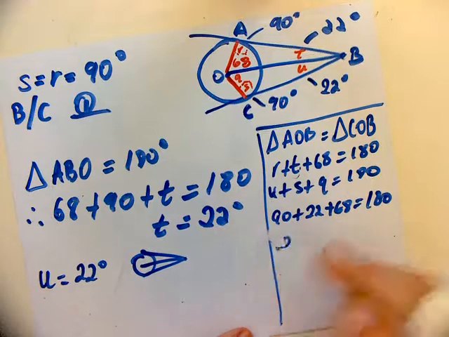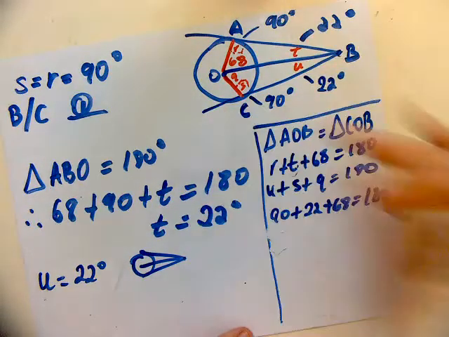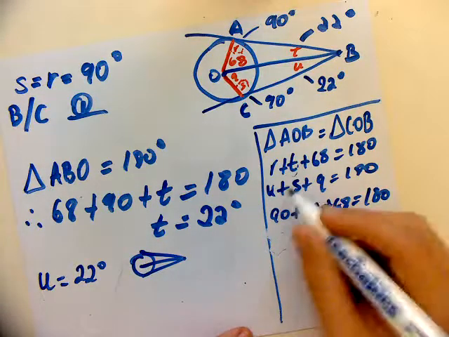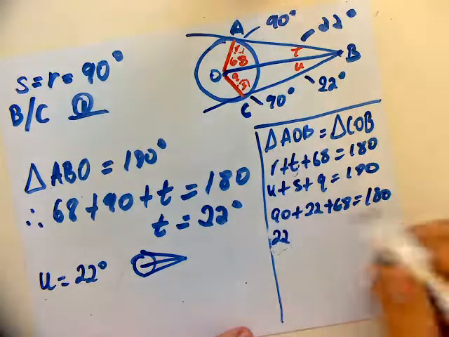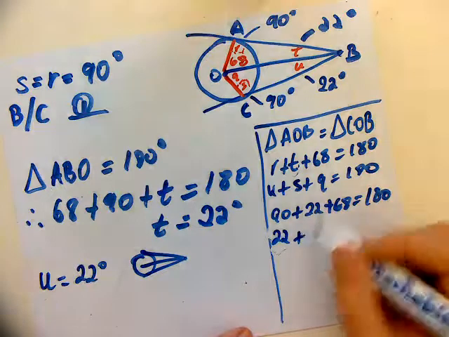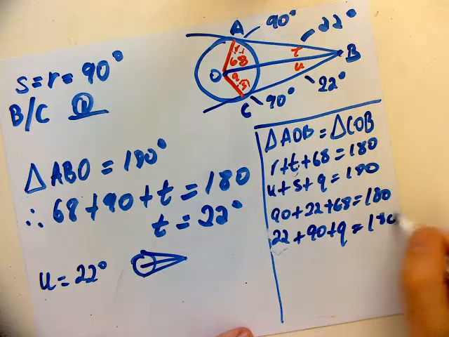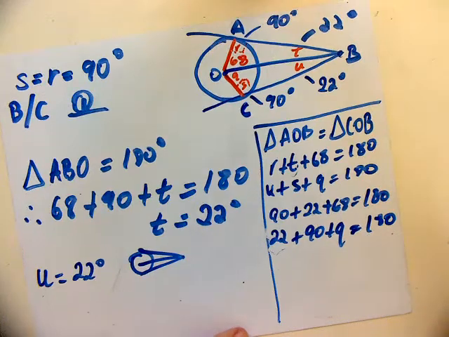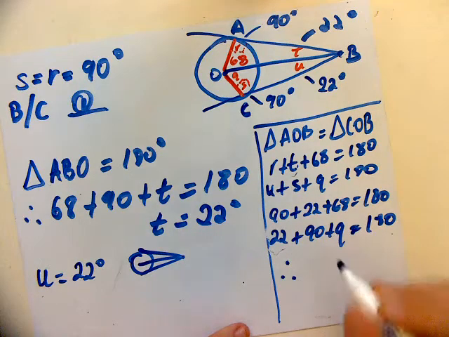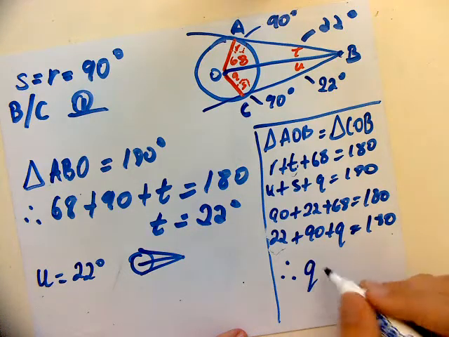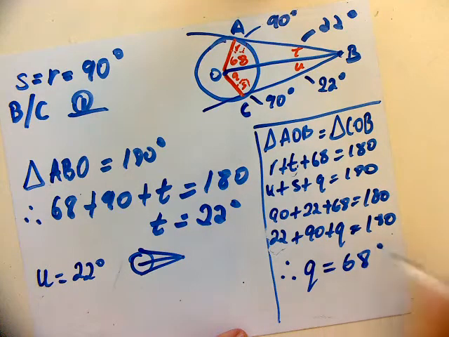Actually, let's start with U, like I have up here. We know U is going to equal 22 degrees, plus S has to equal 90 degrees, plus Q has to equal 180 degrees as well, because all of those have been proven previously. So therefore, our value for Q in this instance has to equal 68 degrees.